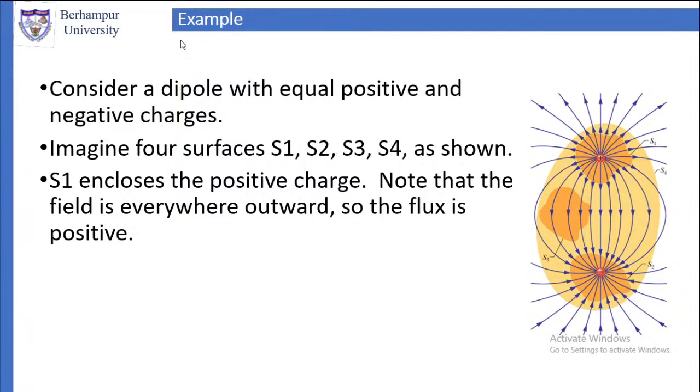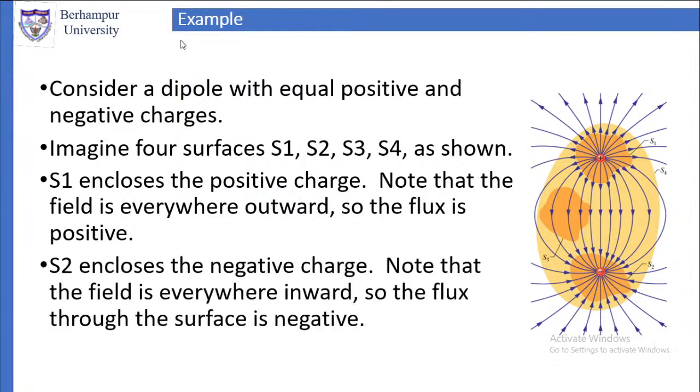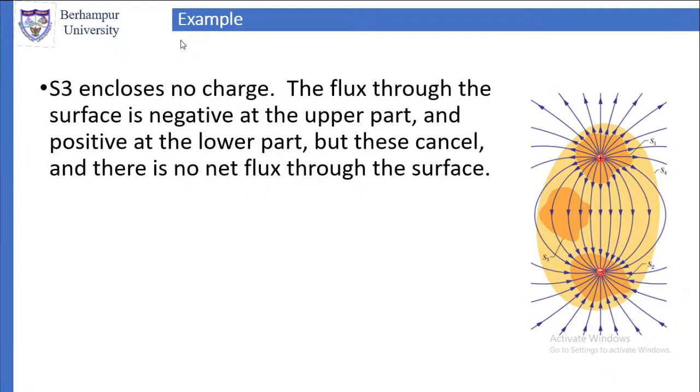Similarly, S2 encloses negative charges. Therefore the field everywhere is inward towards the negative charge, so the flux through the surface S2 is negative.